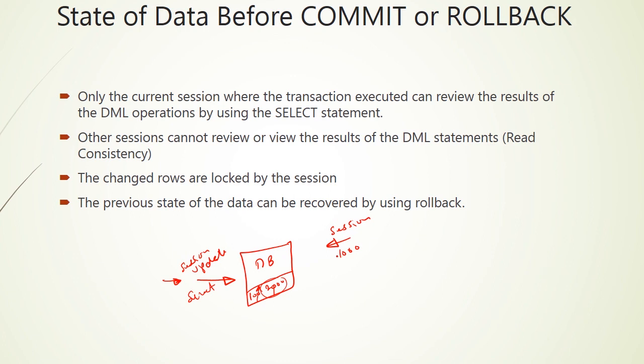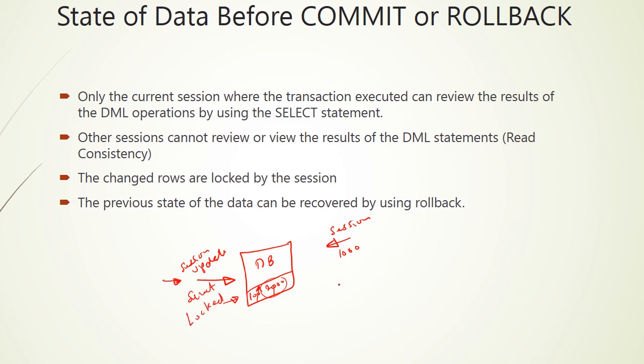Read consistency means other sessions can view the old data. Oracle will build read consistent data from the undo tablespace. So your session is the only one that can view the new updated data. The updated record is locked.